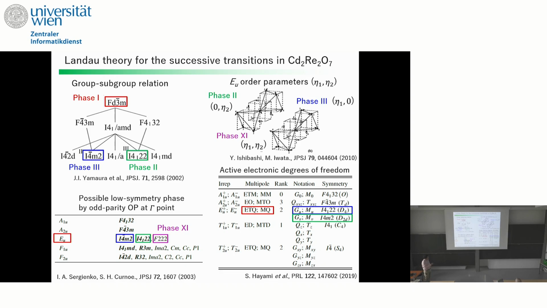They proposed electric toroidal quadrupole order and magnetic quadrupole order. But of course, this compound is paramagnetic, non-magnetic, so the remaining possibility is electric toroidal quadrupole order. The Eu order parameter allows this kind of structural change, but it's very difficult to see.